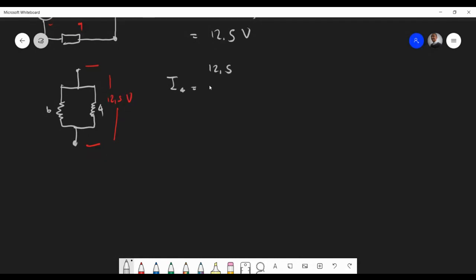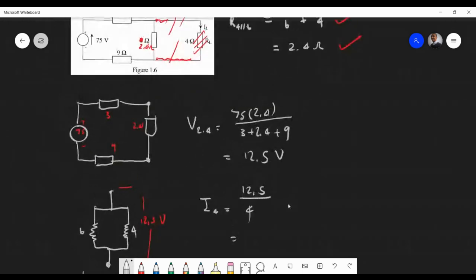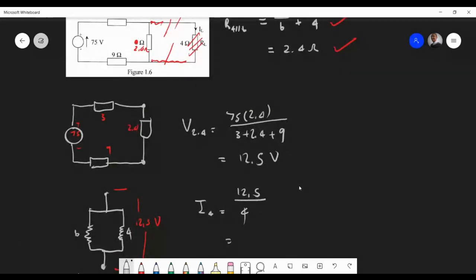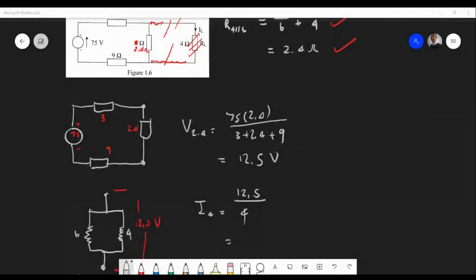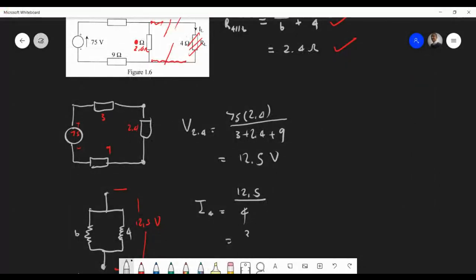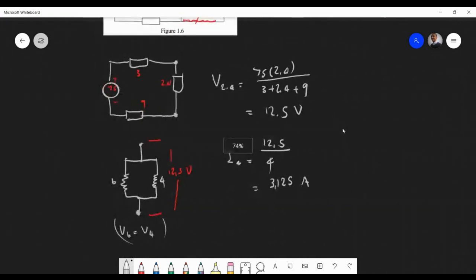The reason why the voltage is the same, so V6 equals V4 in this case, is because it's a parallel arrangement. If you agree with me, it's 12.5 divided by 4, and that's going to give us a value. The answer should be 3.125 amps. Is everyone happy with this?